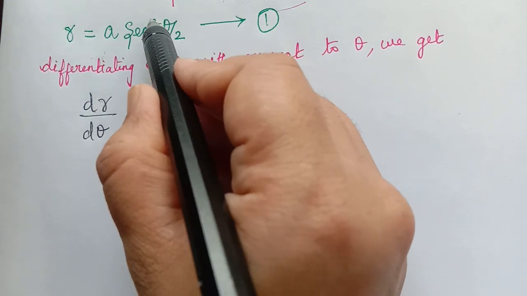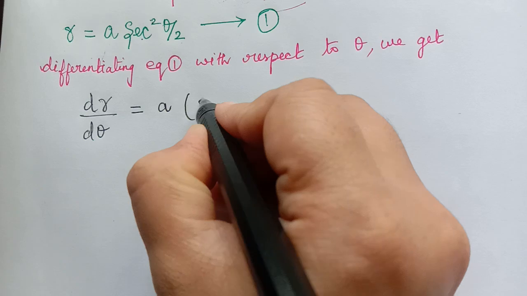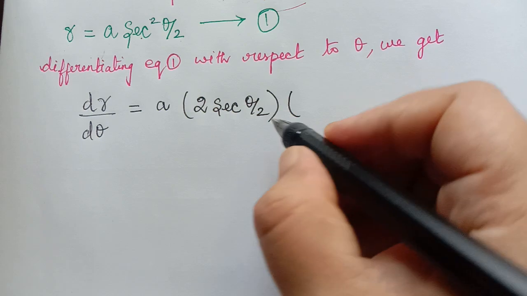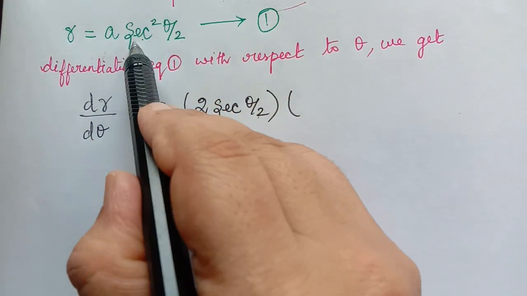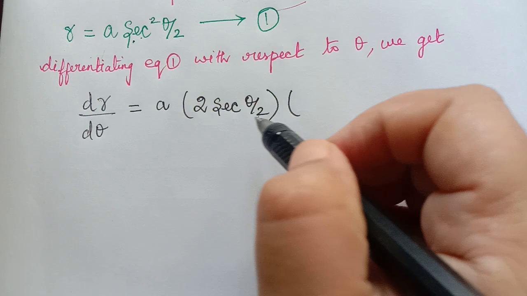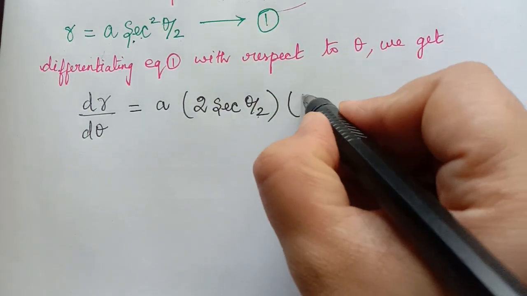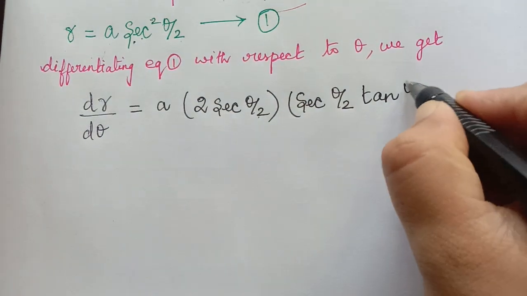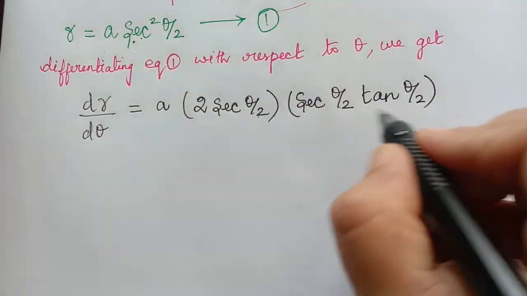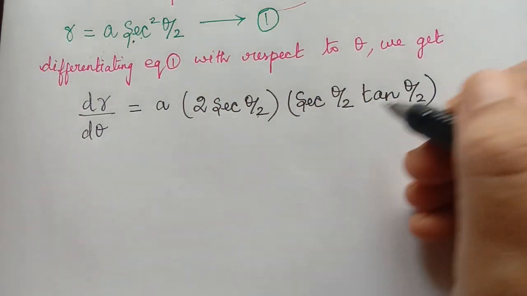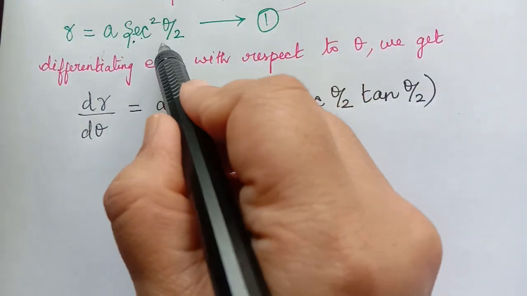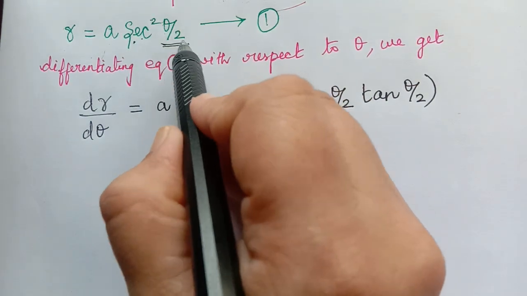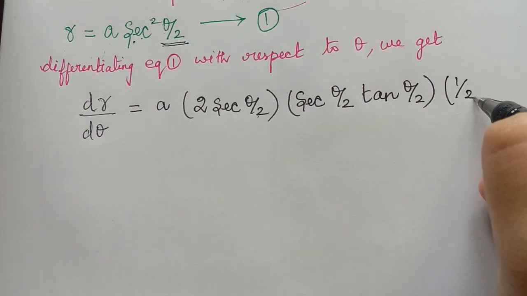First we differentiate the square term, that is 2 sec(θ/2), and then we use the chain rule and differentiate sec(θ/2). The differentiation of sec(θ/2) is sec(θ/2) tan(θ/2), using one of the differentiation formulas. And then we differentiate θ/2, whose derivative is 1/2.